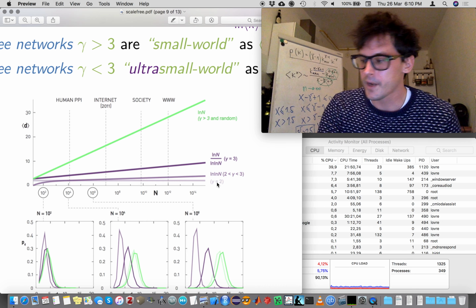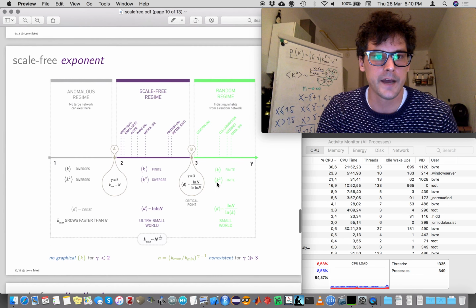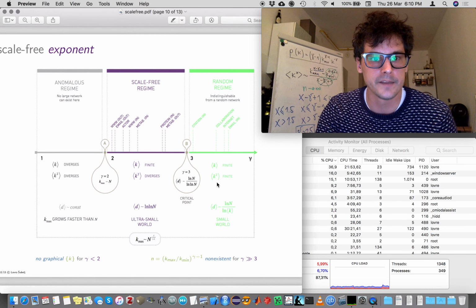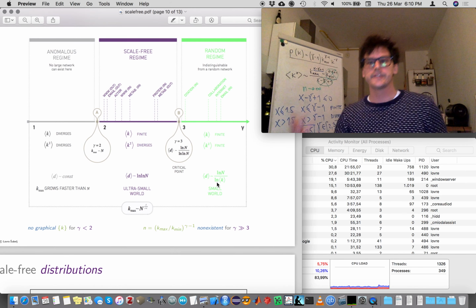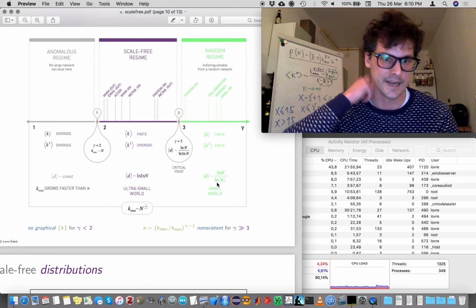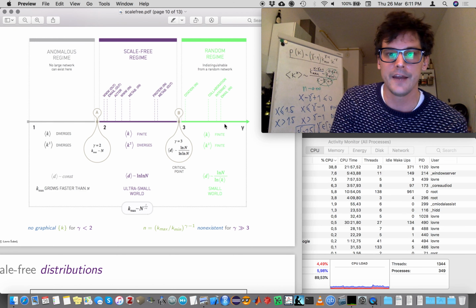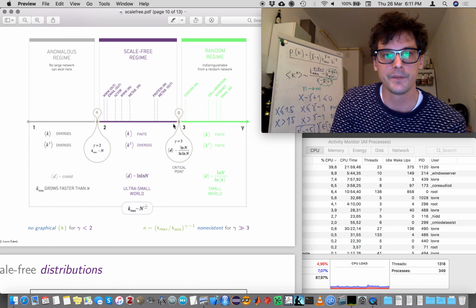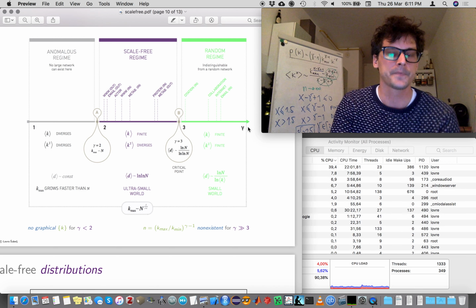Okay, so we have only 3 more slides, and maybe the next one is the most important one that basically summarizes everything that was said on the previous slides. So here we are seeing different values of this parameter gamma: gamma between 1 and 2, gamma between 2 and 3, and gamma larger than 3.